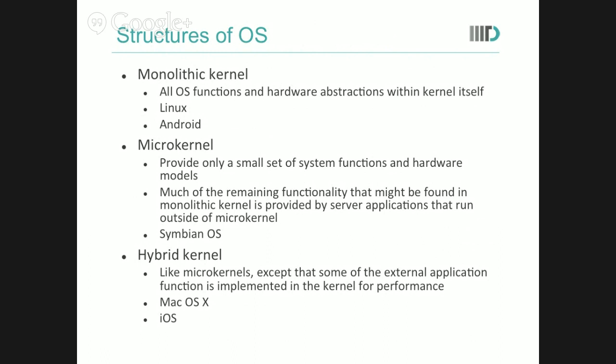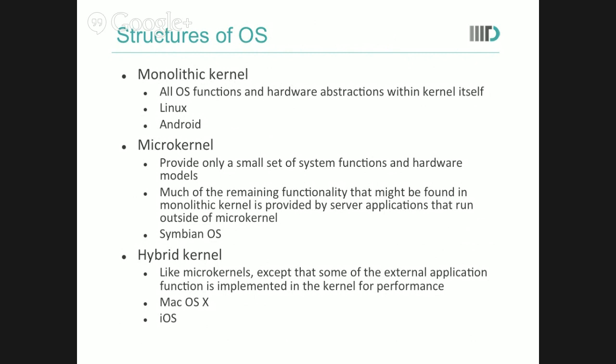Then there is another kernel which we say microkernel, and this was invented at CMU. What it does is it provides a very small set of system functions, the minimum, and we will see what the system functions are. But these are the minimum possible, and much of the remaining functionality, of course, you don't have everything in the kernel, so where should it lie? It lies outside the kernel and is provided by something which we say server applications.